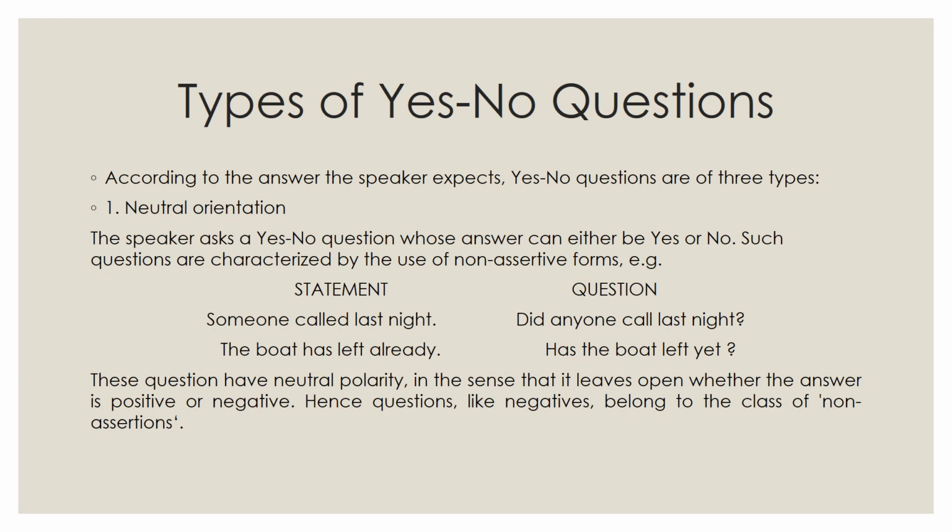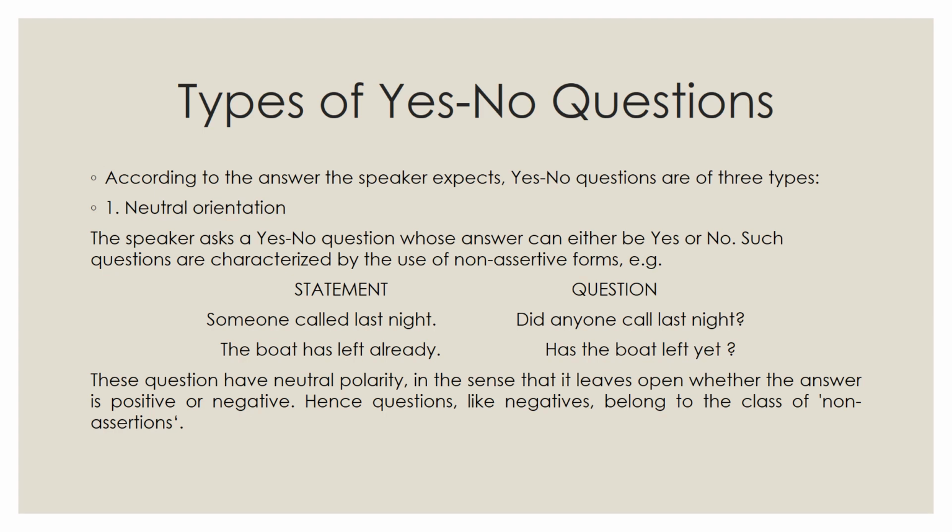So when, in questions, you are using a non-assertive form, this means that your question is neutral. You are asking because you don't know which answer the listener will give you. Is it yes or no? So your question is a neutral question.